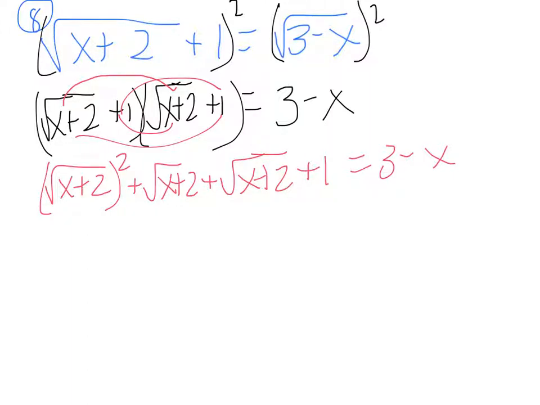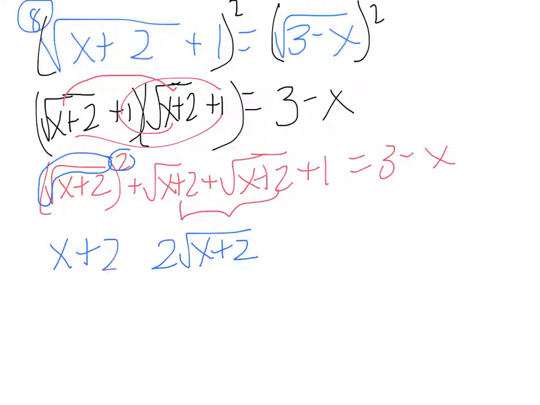These two are going to get put together, so that will give us 2 square root of x plus 2's. The square and the square root will cancel each other out, so we have x plus 2 plus 2 times the square root of x plus 2, and then plus our 1 is equal to 3 minus x.